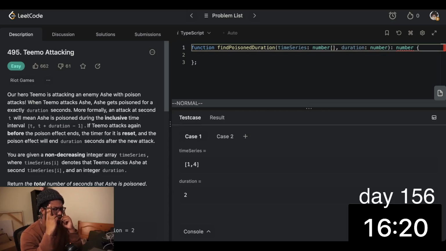More formally, an attack at second T will mean Ashe is poisoned during the inclusive time interval T to T plus duration.